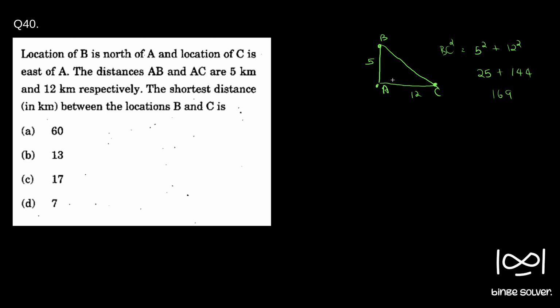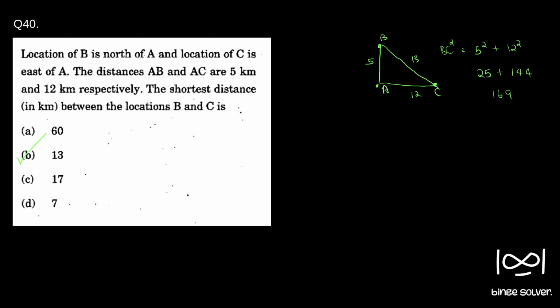This is 13 square, so BC is 13. That is the shortest distance between B and C. It is a right angle triangle, and we use the hypotenuse theorem. So B. Solution to question 40 is B.